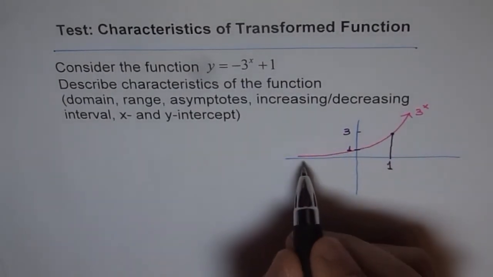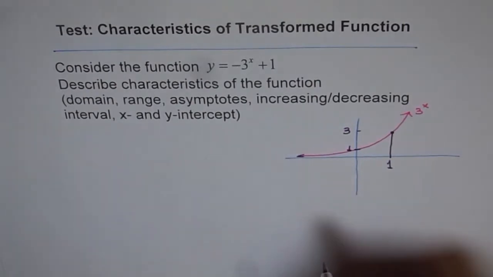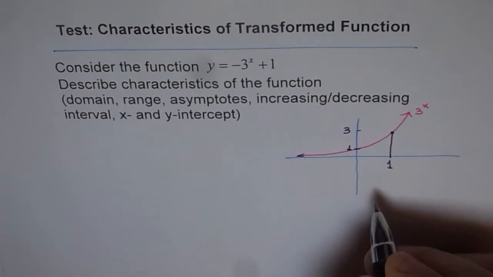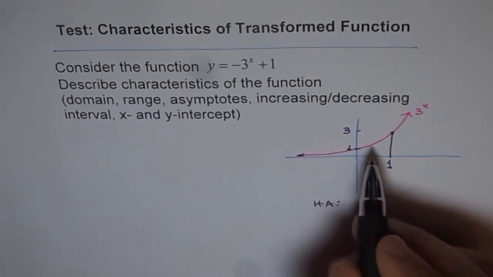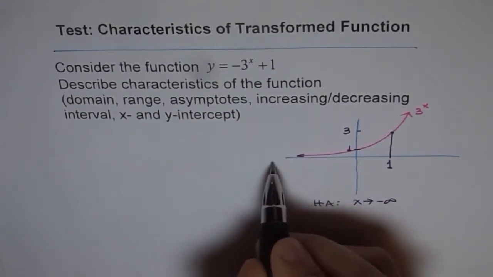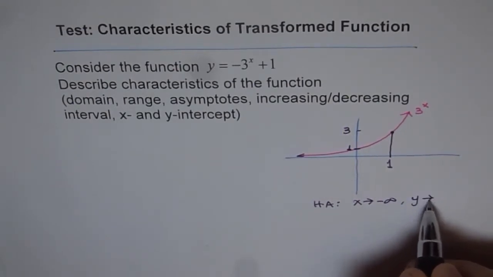And third is this. What is that? It is a horizontal asymptote, right? Here we notice that we have a horizontal asymptote. As x approaches minus infinity, a negative large value, you will find that the value of the function approaches 0.